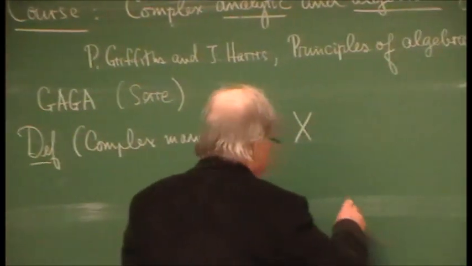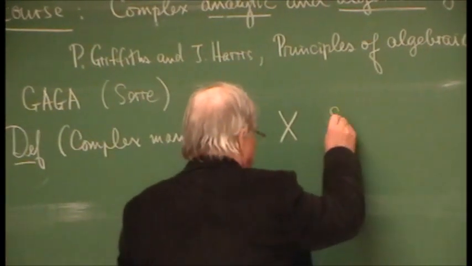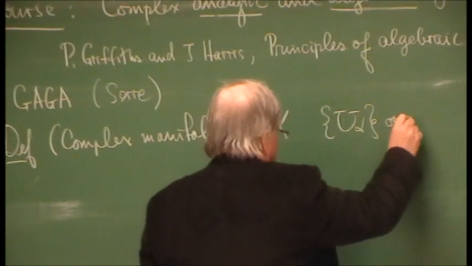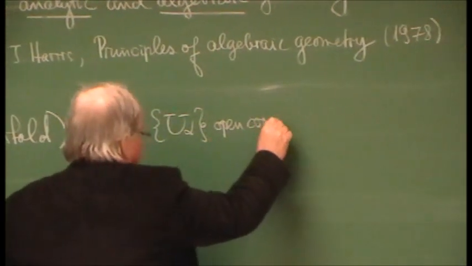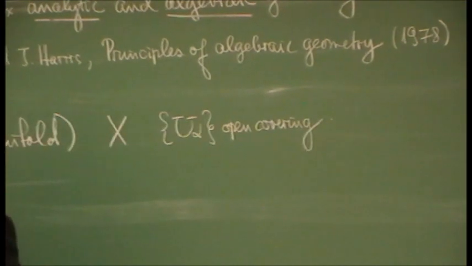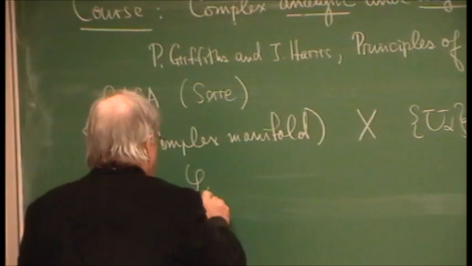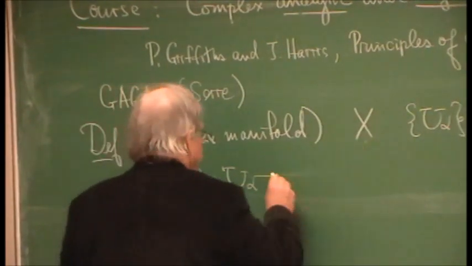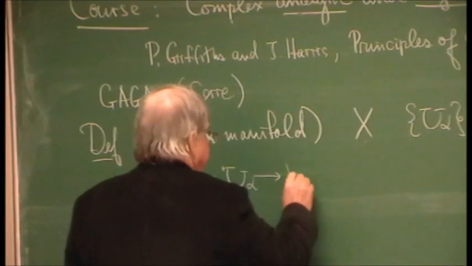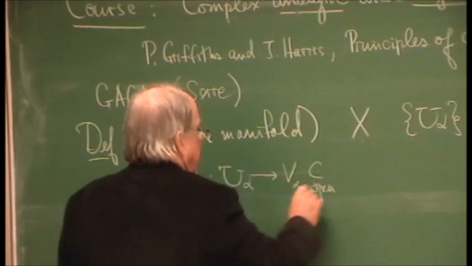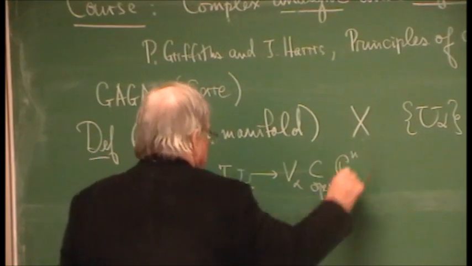And it will be covered by a coordinate chart, so it has an open covering. And the local coordinates, which are of course homeomorphisms, Hausdorff space and so on, homeomorphisms in some Cn.